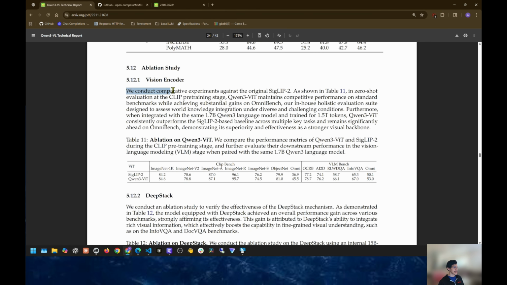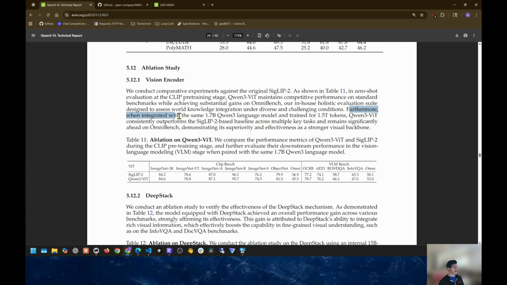We conduct comparative experiments against the original SigLIP2, as shown in Table 11, in zero-shot evaluation at the CLIP pre-training stage. Qwen3 Vision Transformer maintains competitive performance on standard benchmarks while achieving substantial gains on OmniBench, our in-house holistic evaluation suite designed to assess world knowledge integration under diverse and challenging conditions.